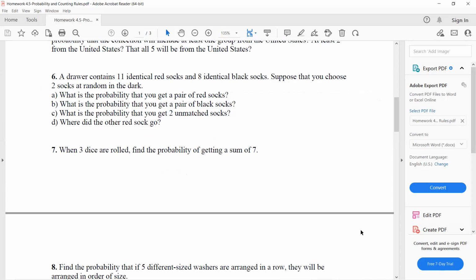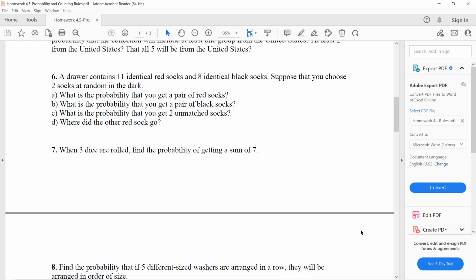That I'm trying to figure out. 2 unmatched socks means one of each, if that helps you. Okay, so one of each. Are you doing the top or the bottom now? The top, right?